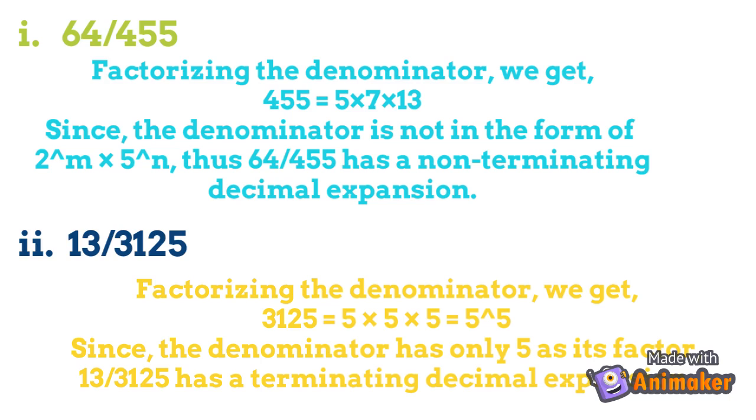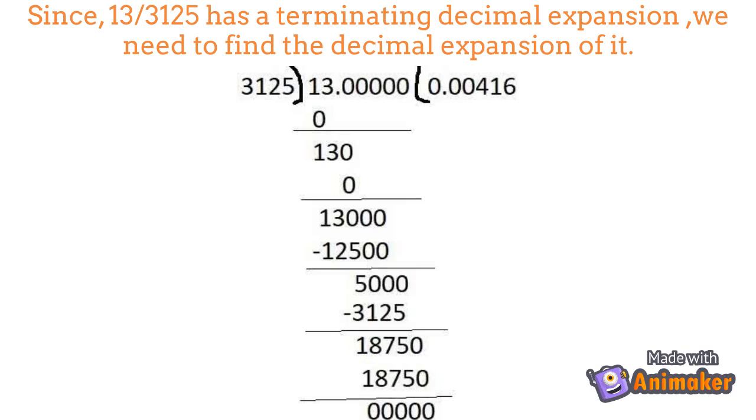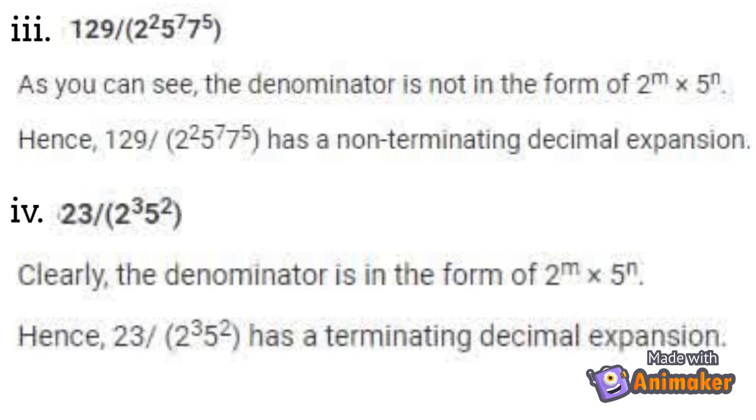Because it has an ending point. So it is a terminating decimal expansion. So see, it is proved over here. I have solved the problem over here, showing how it is a terminating decimal expansion, because after doing the division the remainder is 0. That's why it is a terminating decimal expansion.